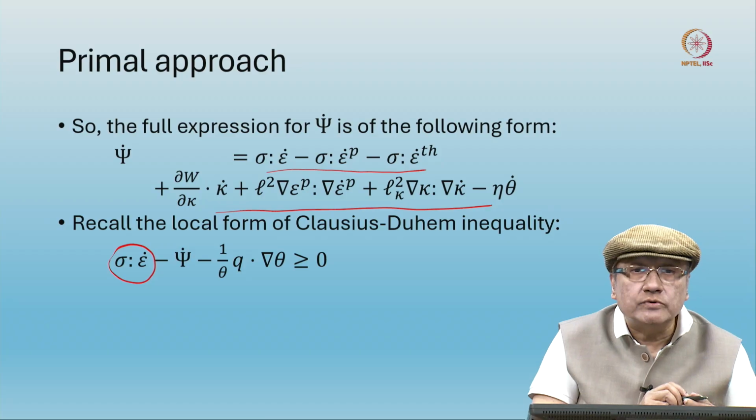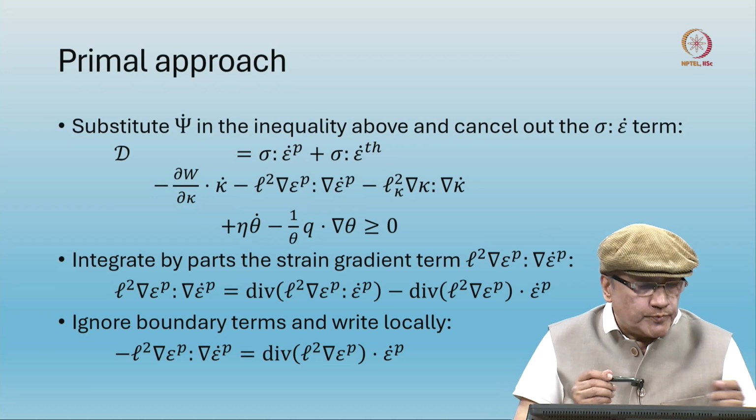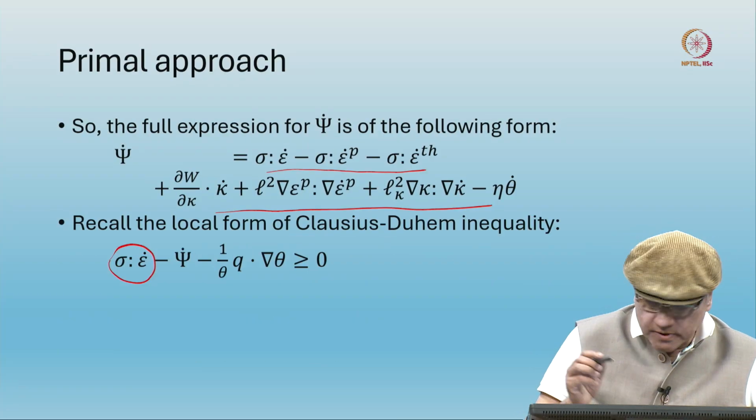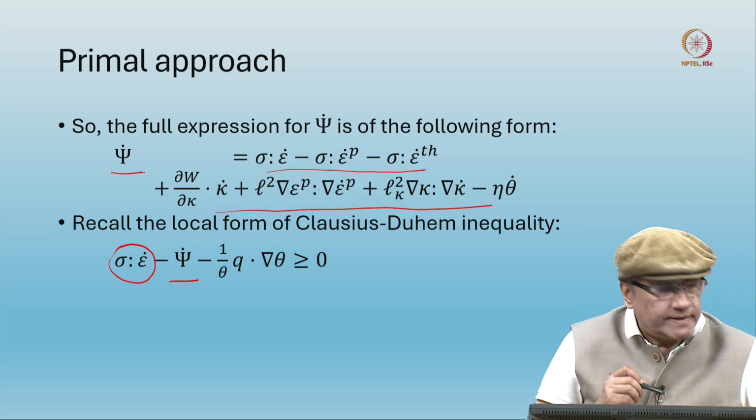That has to be greater than or equal to 0, right? You recall that surely. Now we have to put into this expression the psi dot that we have just got here.